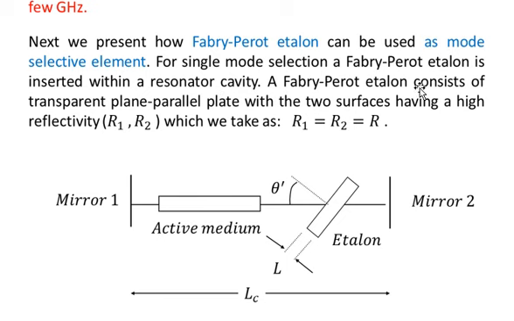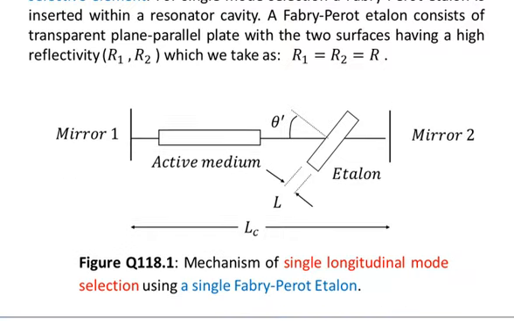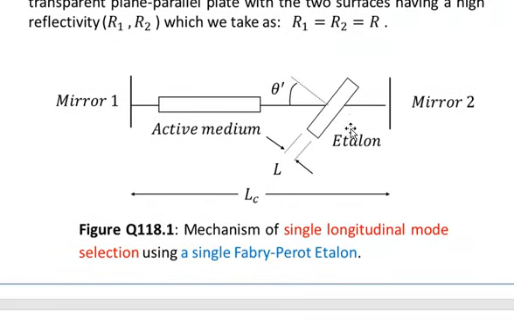A Fabry-Perot Etalon consists of a transparent plane parallel plate with two surfaces having high reflectivity R1 and R2, which we may take as R1 = R2 = R. That is, the two mirrors have the same reflectivity equal to capital R. And you see that I have shown the Etalon over here. This is the Fabry-Perot Etalon, or the Fabry-Perot interferometer.